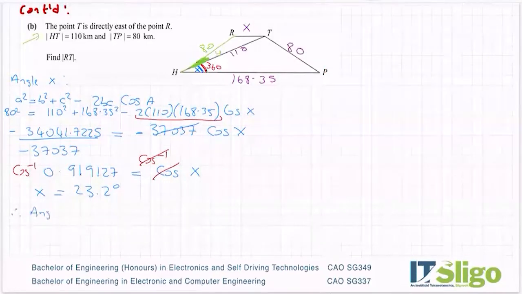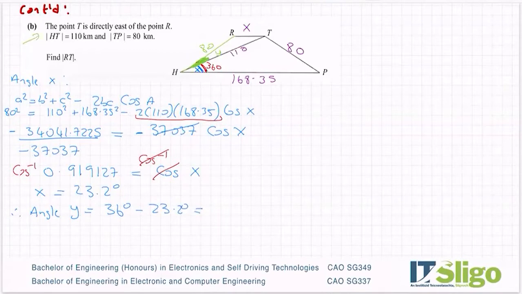Therefore, angle y is equal to 36 degrees minus 23.2 degrees. So 36 minus 23.2 equals 12.8 degrees.